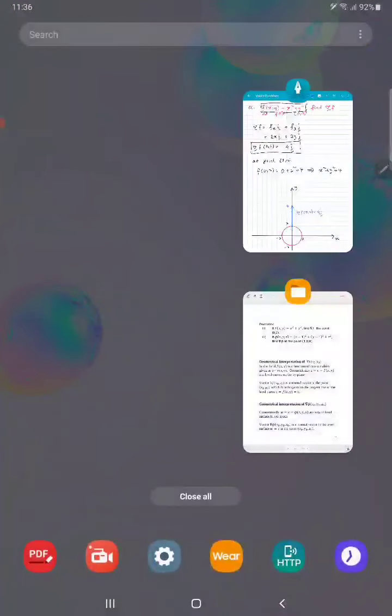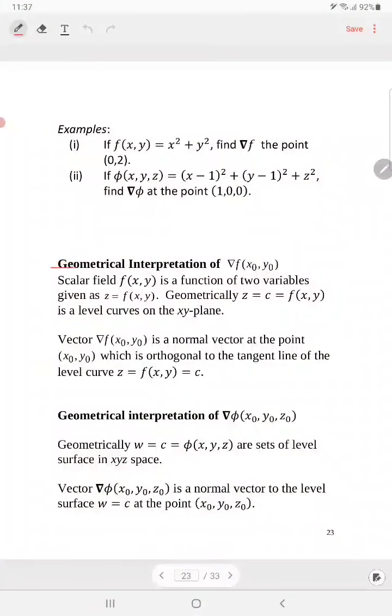Now let's look at our notes again. This is the geometrical interpretation of del f, or the gradient of f. Scalar field f(x,y) is a function of two variables given as z equals f(x,y). Geometrically, z equals a constant.